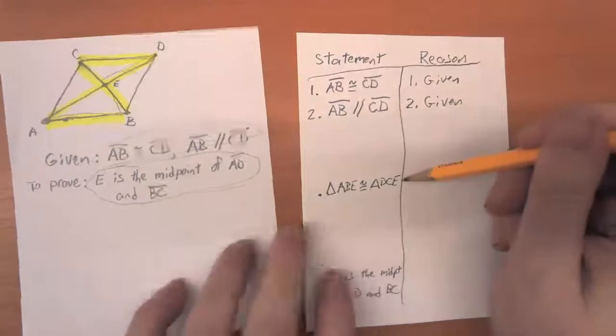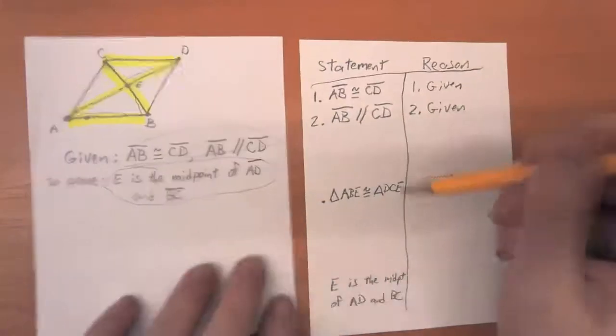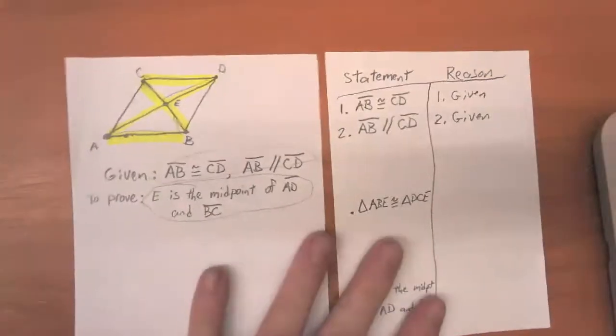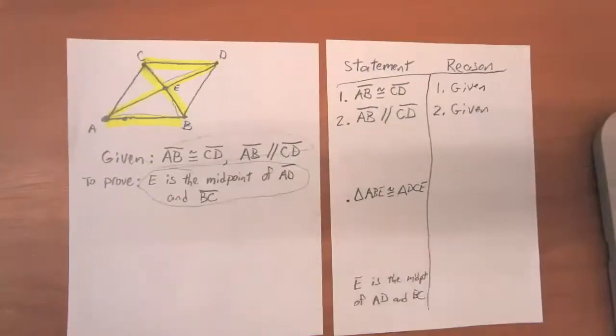So let's try and prove that these triangles are congruent. Once again, when we're proving triangles are congruent, we need to know three facts about the sides and angles of those triangles being congruent. And those facts that we come up with are going to justify one of our triangle congruence theorems that were in that handout that I gave you last week.